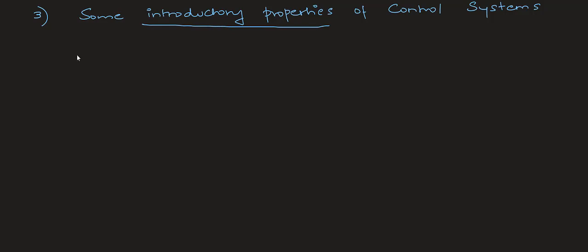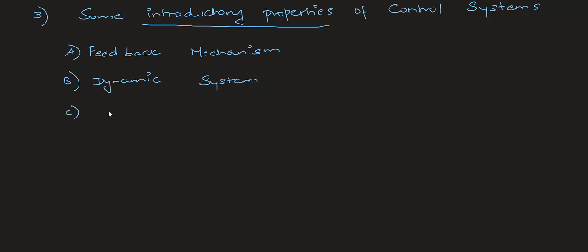Now we will see some introductory properties of control systems. In this, we are going to just touch the surface of control system: what is feedback in control system, what is a dynamic control system, what is a time independent or dependent control system, and finally, what is a linear time invariant system.